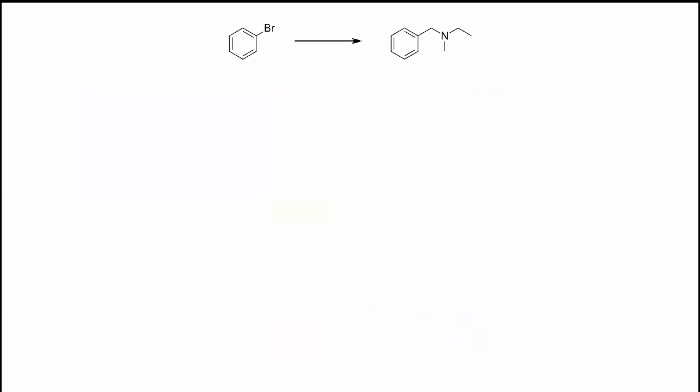We have bromine, and we need to add a carbon, or this whole group over here. So this could have come from an aldehyde plus this via a reductive amination. So I'd have to try to add a carbon from the aldehyde.